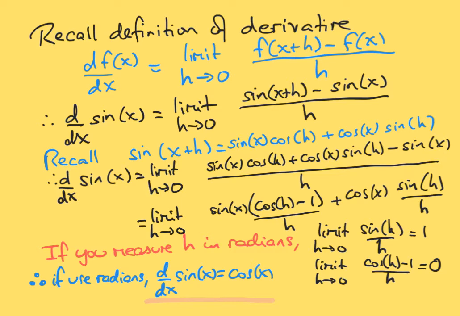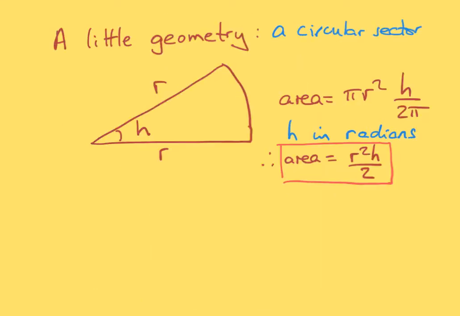So let's look at a little bit of geometry on the next slide that we're going to need to calculate this limit. So the proof we're going to look at relies on geometry, and we're going to take a sector of a circle. So let's say that our circle has radius r, and let's say the circle that we're taking out of it, like a slice of cake, has got an angle h.